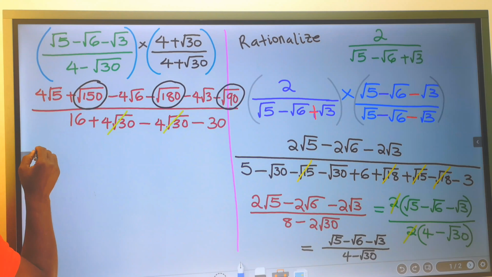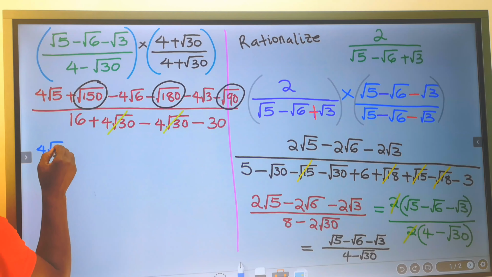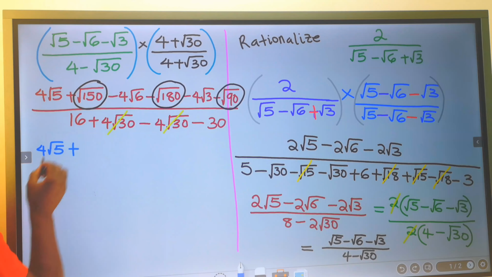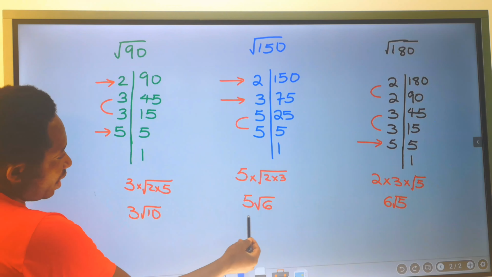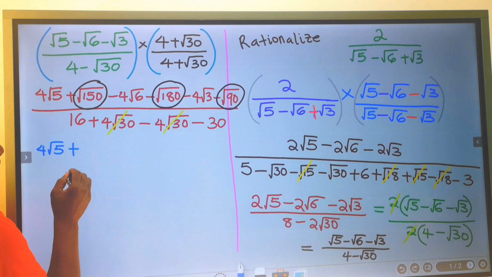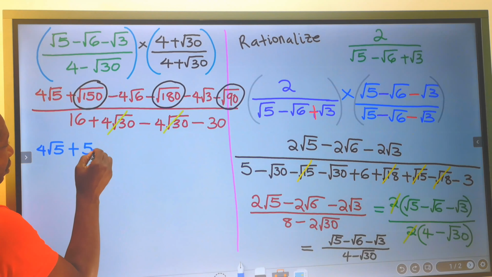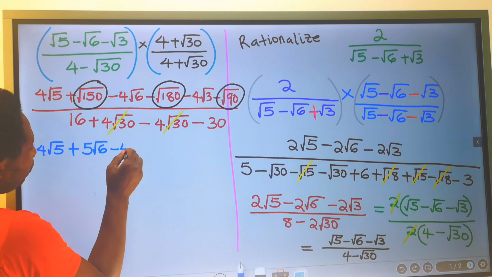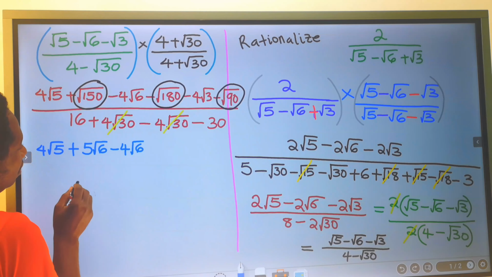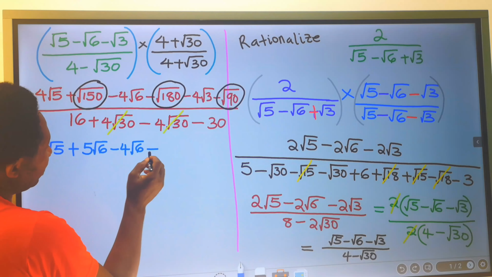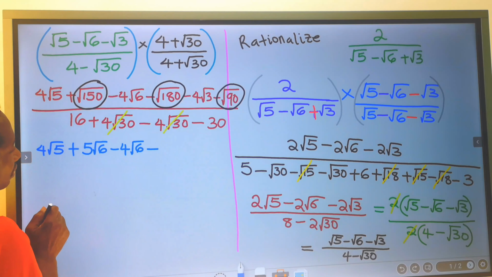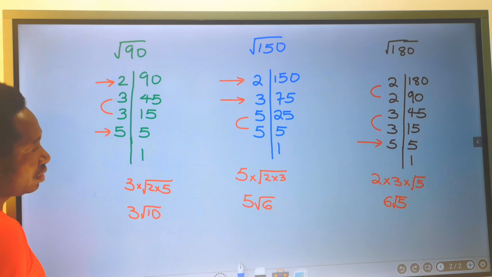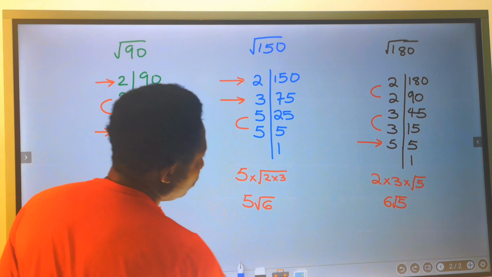Next, here I will have 4 root 5 plus, instead of the square root of 150, I will write 5 root 6. Here is 5 root 6. Next, this is minus 4 root 6. Next, this is minus the square root of 180. And instead of writing minus the square root of 180, I'm going to write 6 root 5.